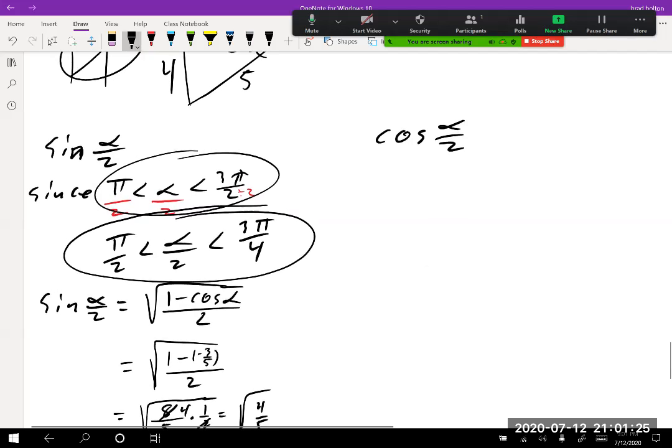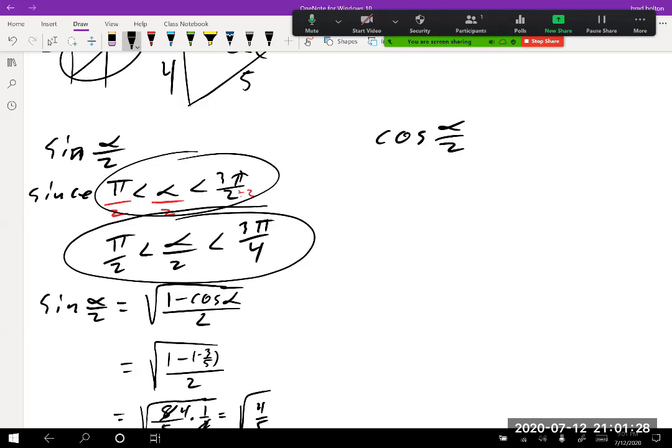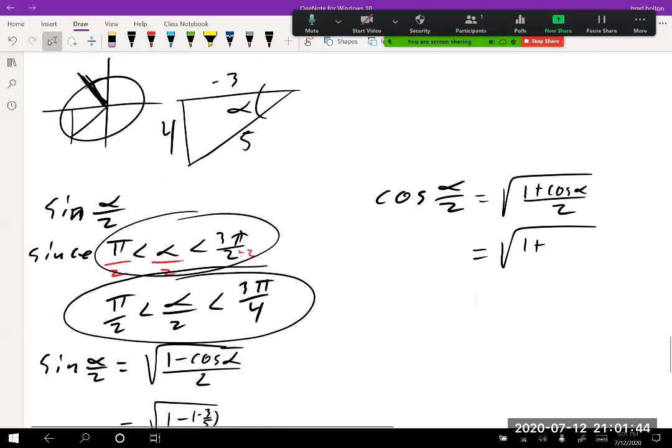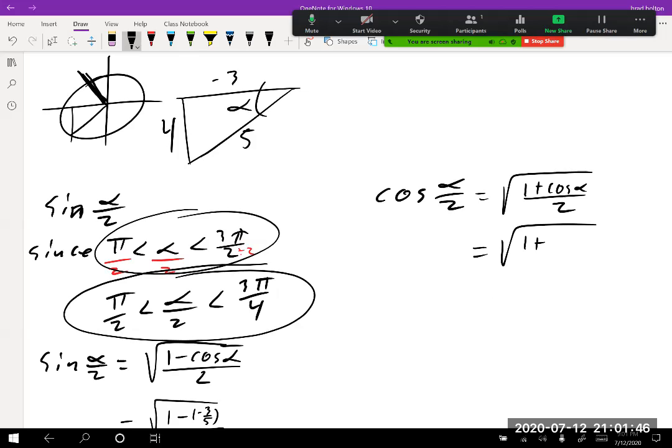Now let's do this one, cosine of alpha over 2. We know that this is once again going to be the square root of 1 plus cosine alpha divided by 2, right? So then this will be 1 plus, now cosine is still -3 over 5. Oh, I guess I didn't even need to solve for 4 because we never needed it, I forgot.